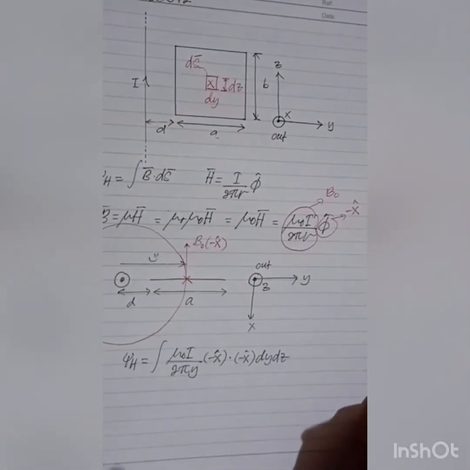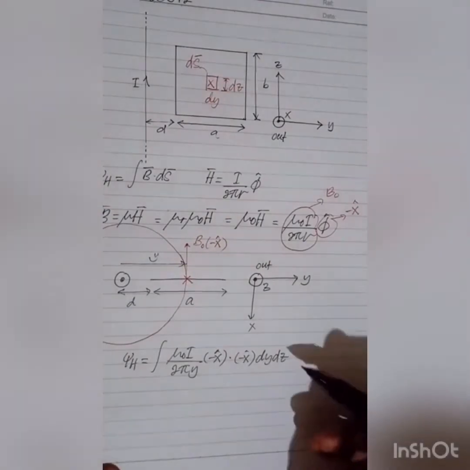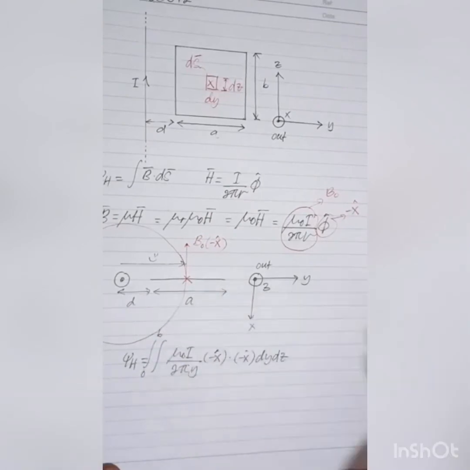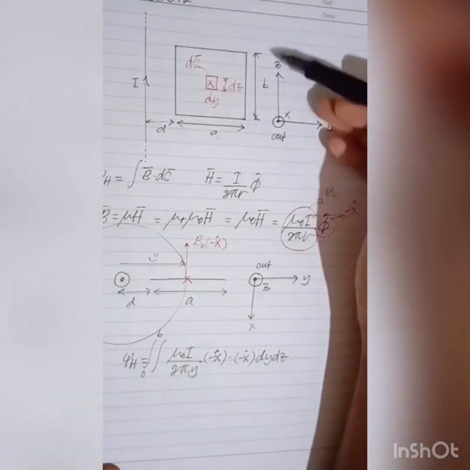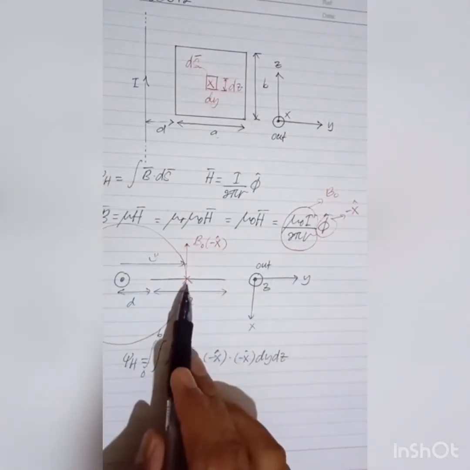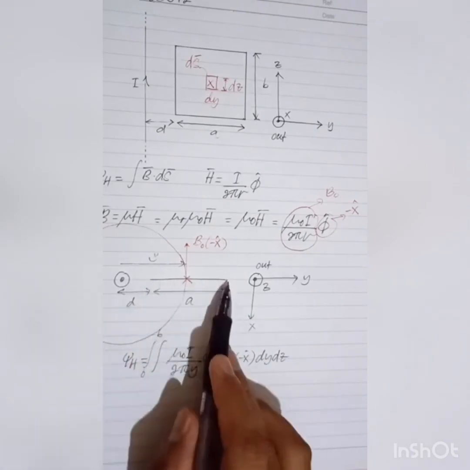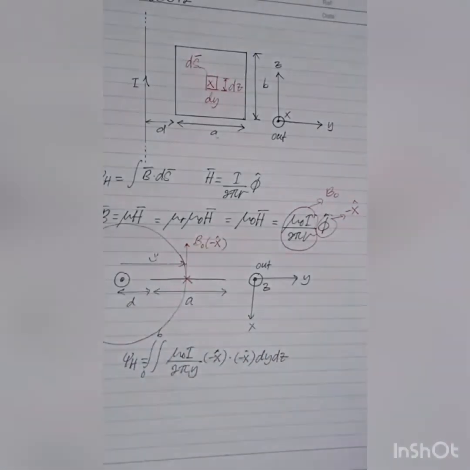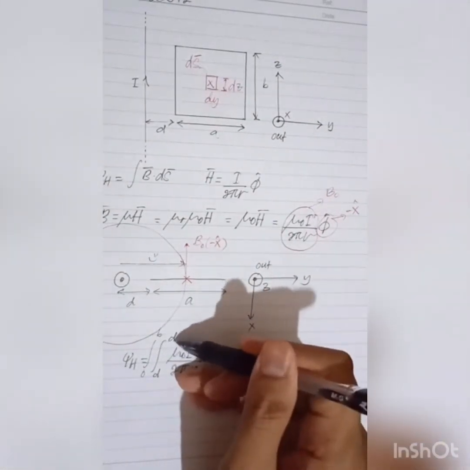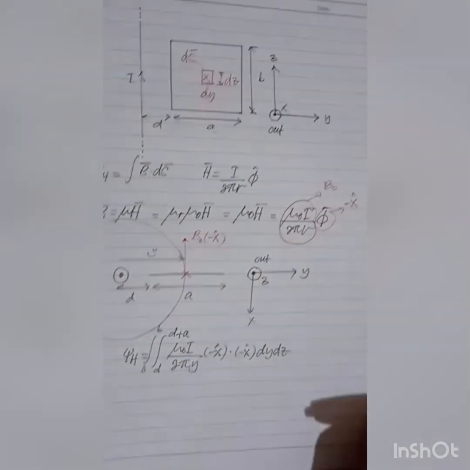Now let's put the limits of each variable. The z goes from 0 to B, as shown up here, and the y, the sample here, could vary from this point, which is D, until that point, which is D plus A. So your lower limit becomes D and your upper limit becomes D plus A. Let's proceed to the end.